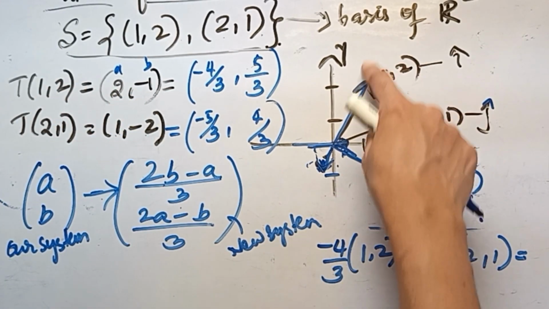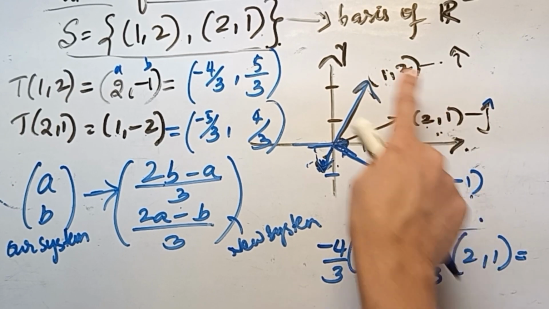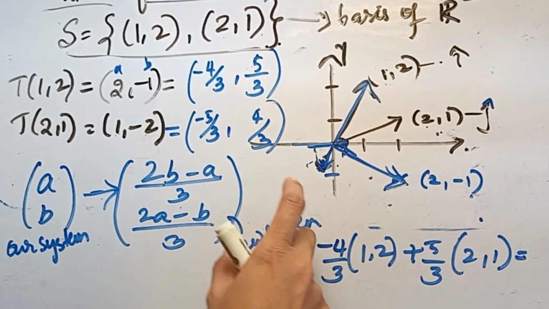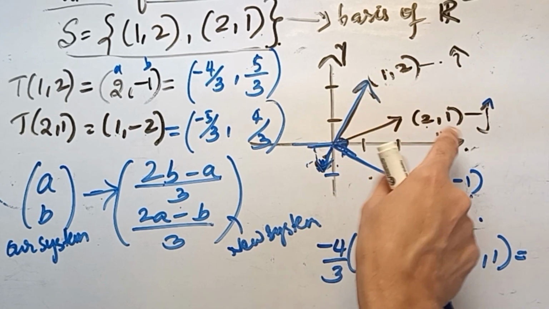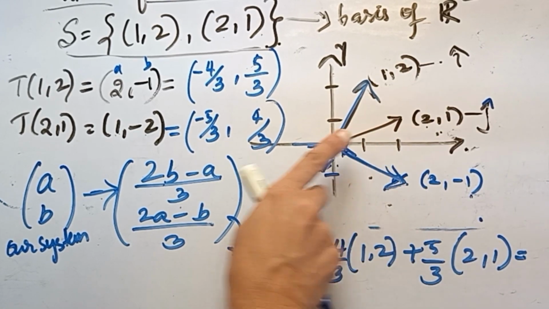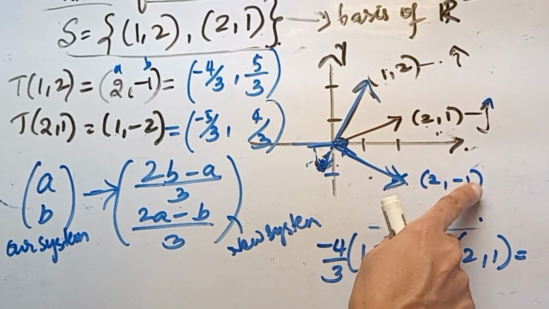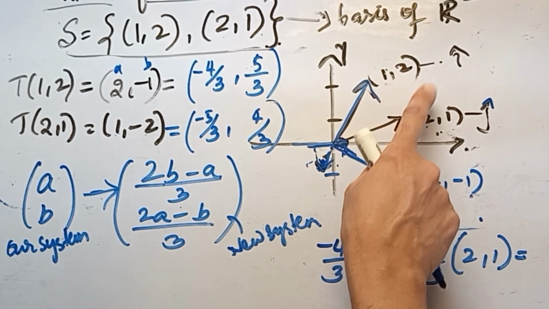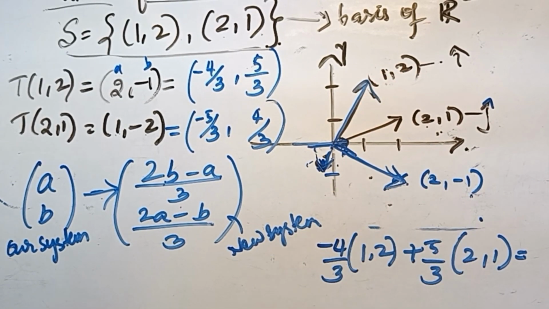But we have to write how the scaling happens in terms of these two vectors. It is minus 4 by 3 times 1 comma 2 plus 5 by 3 times 2 comma 1. If you do it like this, then you will go to the vector 2 comma minus 1. That is the position in terms of these basis vectors.